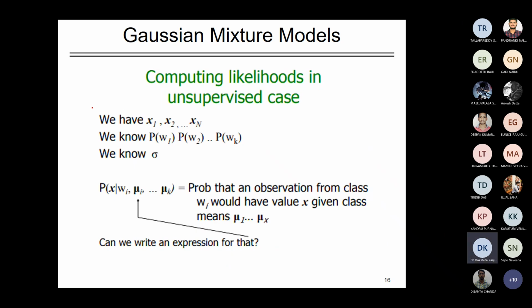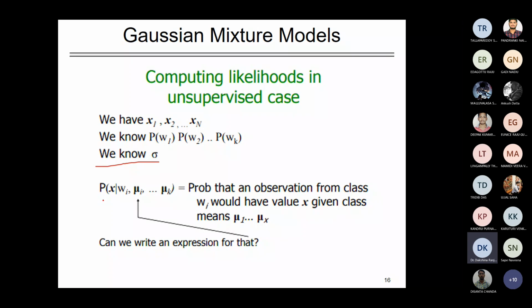Now, if we consider such an unsupervised case, then x1 to xn are known, the probabilities p of omega 1 to p of omega k are known, and the covariance matrix sigma, the variance, is known.